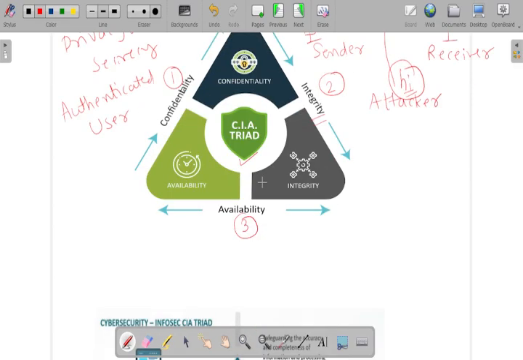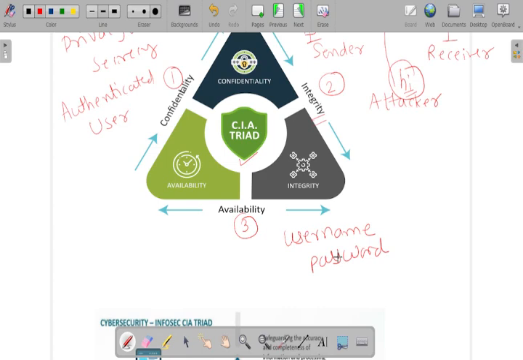Now the third one is availability. In case of availability, whenever the authenticated user requires the information which is available in the database, it should be available to the authenticated party. Those who have the correct username and password, the system can authenticate them as the correct, valid user.